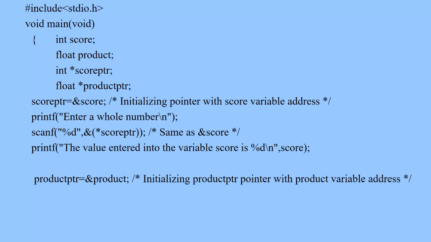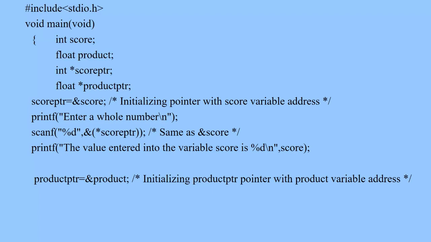So it is initializing product pointer with the product variable address. So this pointer called product pointer now points to the memory location for the variable called product.